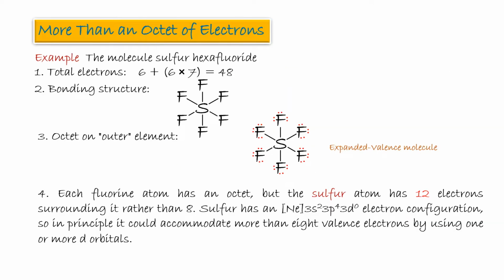More than an octet of electrons. The molecule like sulfur hexafluoride, valence electrons for sulfur, 6, and for fluorine, 6 fluorines, each one has 7 electrons, so the total of 48 electrons.